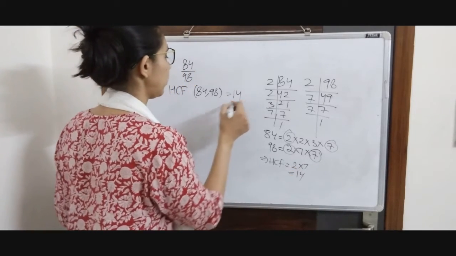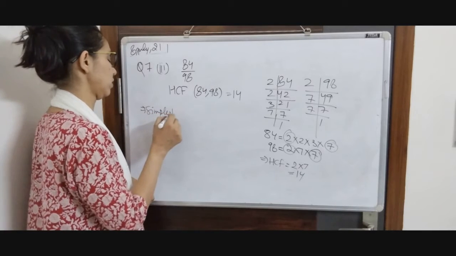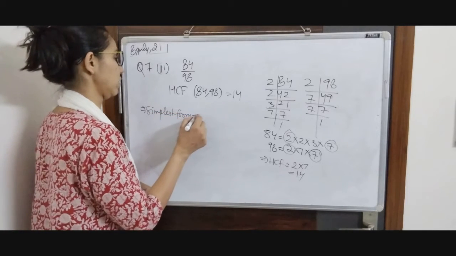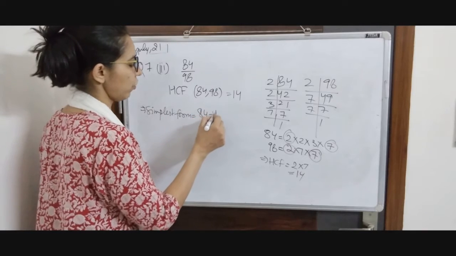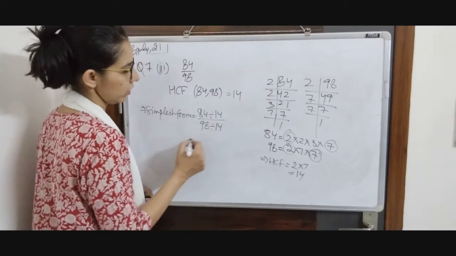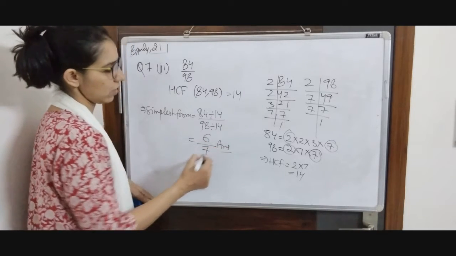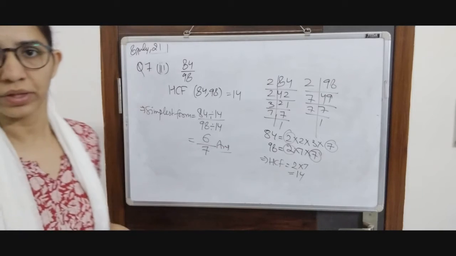So HCF is 14. Implies the simplest form is going to be 84 divided by 14 and 98 divided by 14. It will be 6 upon 7. So this is your simplest form for this one.